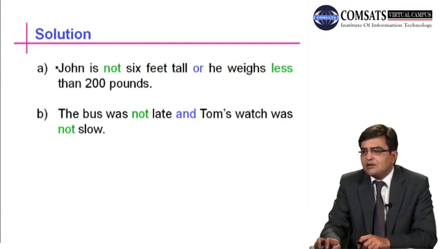The solution is: John is not 6 feet tall, or he weighs less than 200 pounds. Now we can see that the first proposition is negated here, the conjunction converts into disjunction, or, and the second proposition is also negated: he weighs less than 200 pounds.